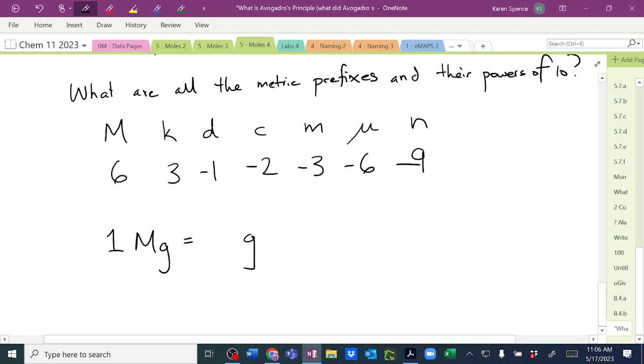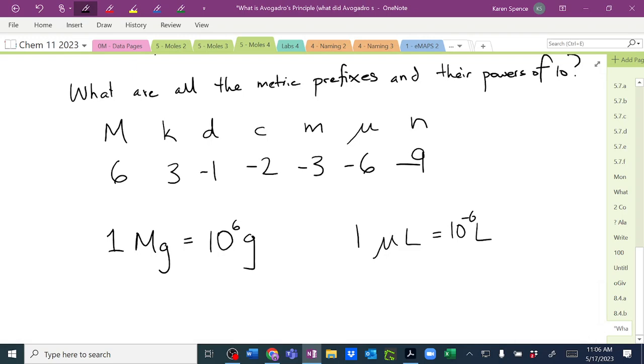So that's a 1. And then what goes over beside the gram? 10 to the power of 6. So if I wanted microliters and liters, the 1 goes with the prefix and the power of 10 goes over here. This would be 10 to the -6. Okay? So you need to know those.